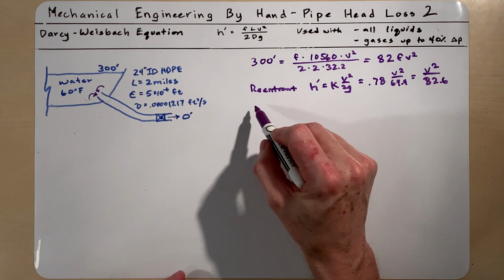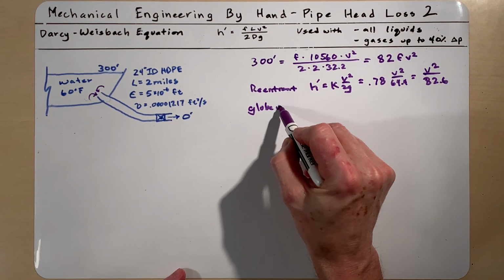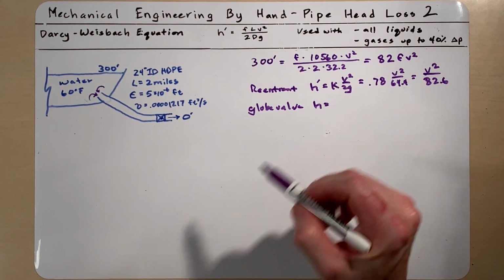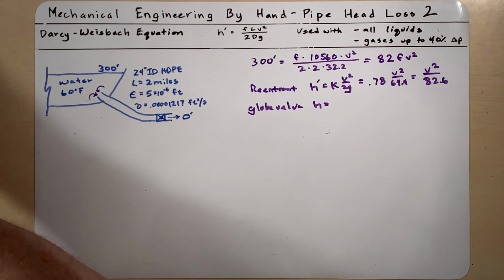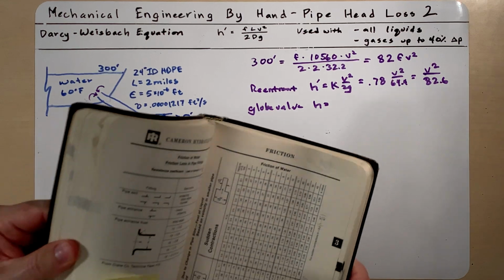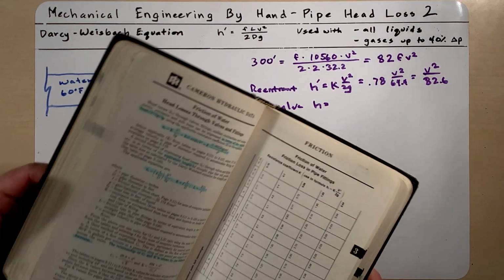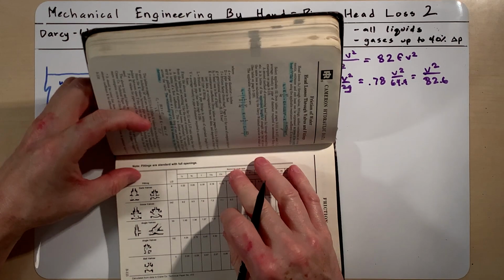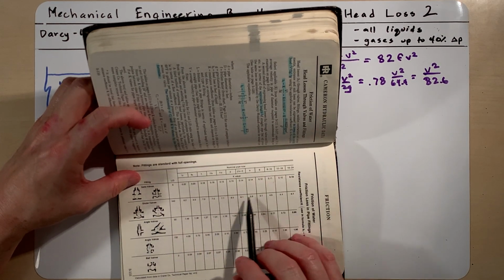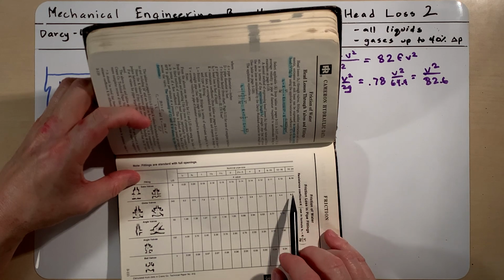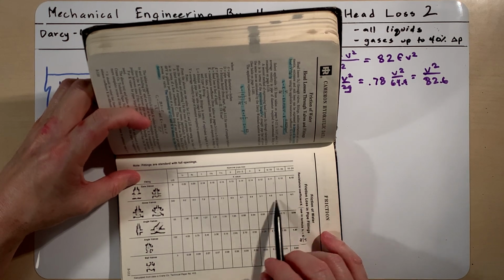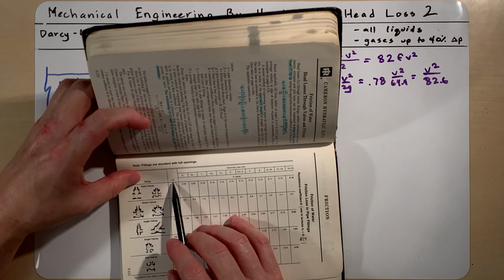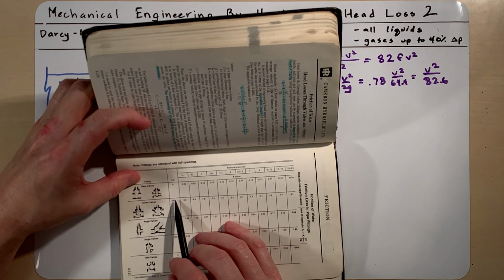Okay, and then the globe valve. I'll look up the K value for that in the same book. And they have globe valves listed here, and the K value for 24-inch is 4.1. And they also give length over diameter, which is used to convert that to an equivalent length of straight pipe.